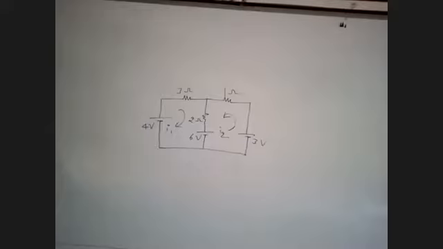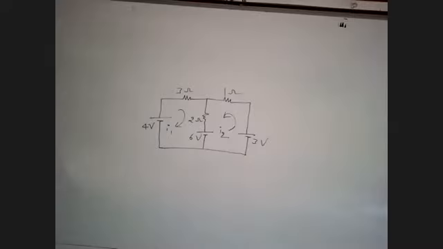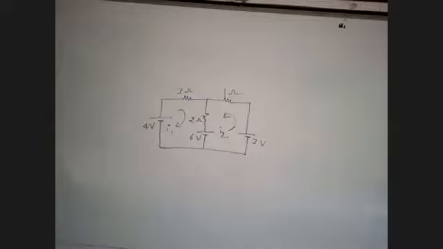Okay, what is the first step for writing the loop equation? Sir, I had a doubt. Tell me. Shouldn't we take the same direction for both loops, or can we take different directions also?